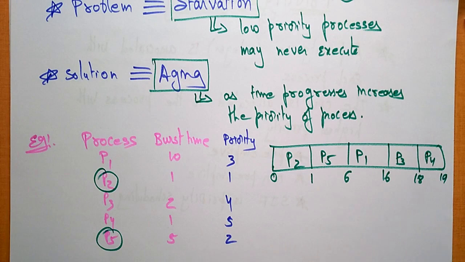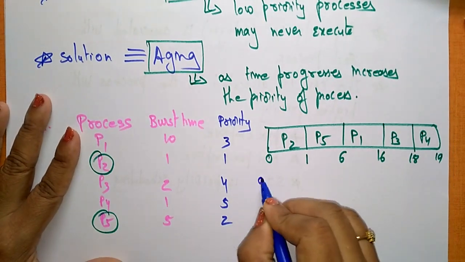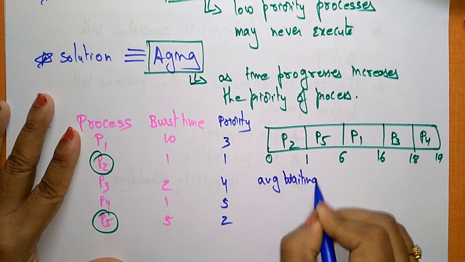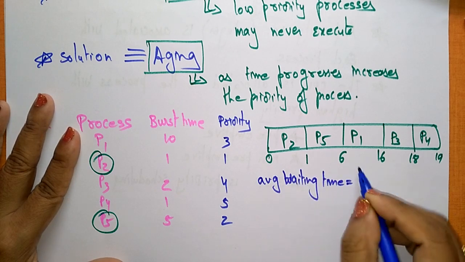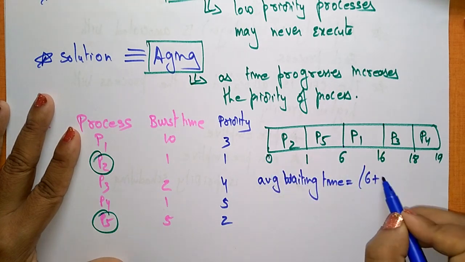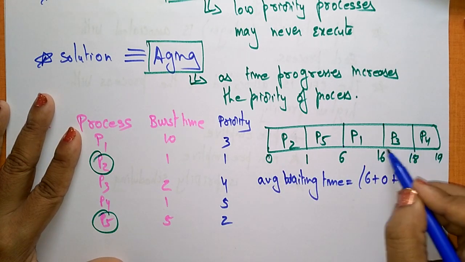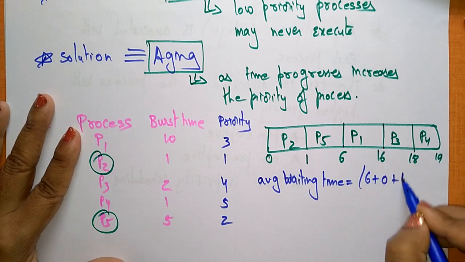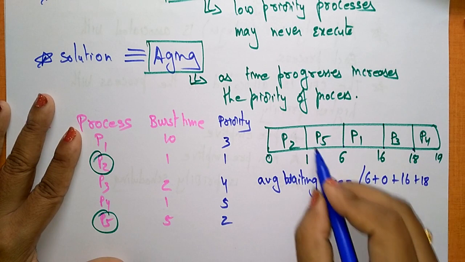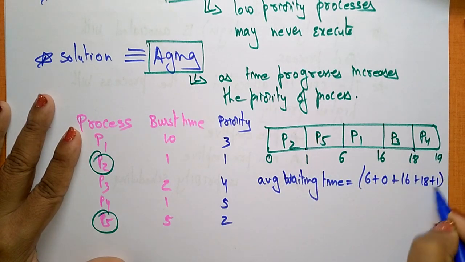Now, what is the average waiting time? P1 is 6, P2 is 0, P3 is 16, P4 is 18, and P5 is 1.